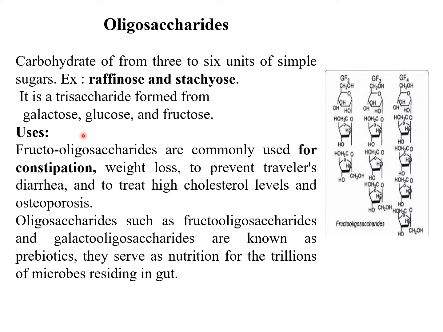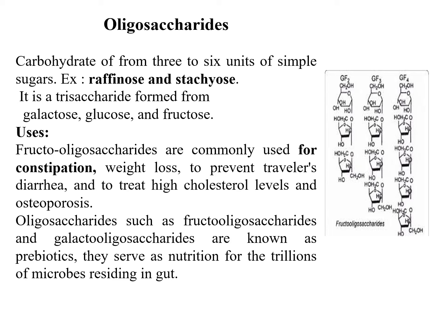As a result, smooth passage of the fecal matter can take place. That is the treatment of constipation. Since these are not absorbed by our system, the individual cannot gain weight, and they are also used to prevent traveler's diarrhea, and to treat high cholesterol level and osteoporosis.